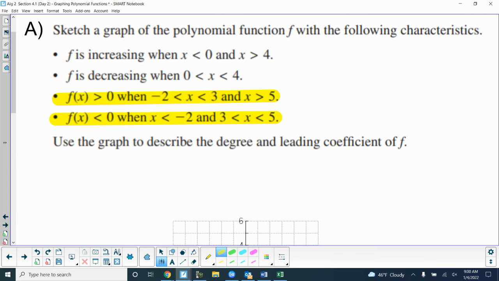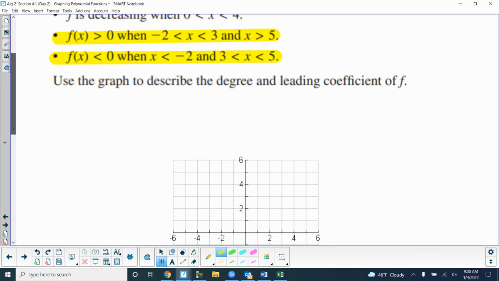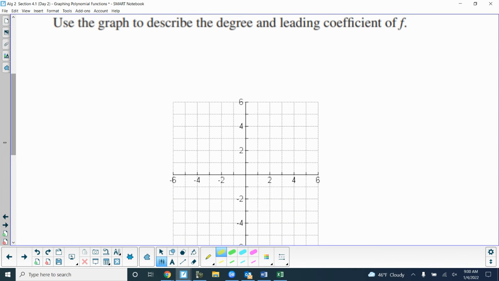And what do we call numbers less than 0? Negative. So we're going to do where the positive areas and negative areas are first. Okay? When we try to sketch the graph. All right? So between -2 and 3, it's positive. All right. So let me use my finger. It might be easier.